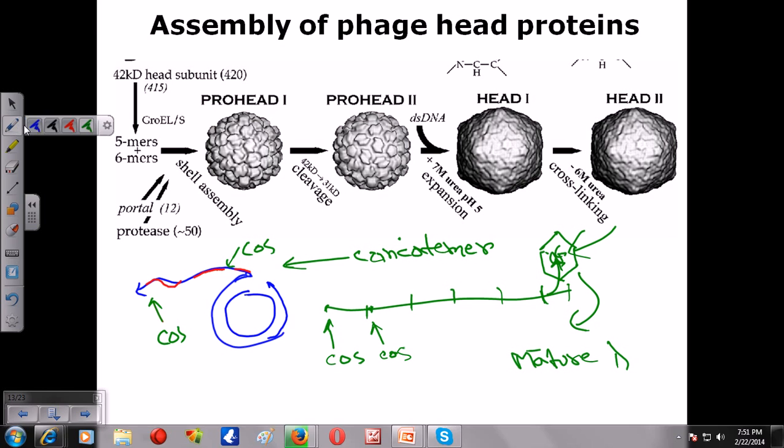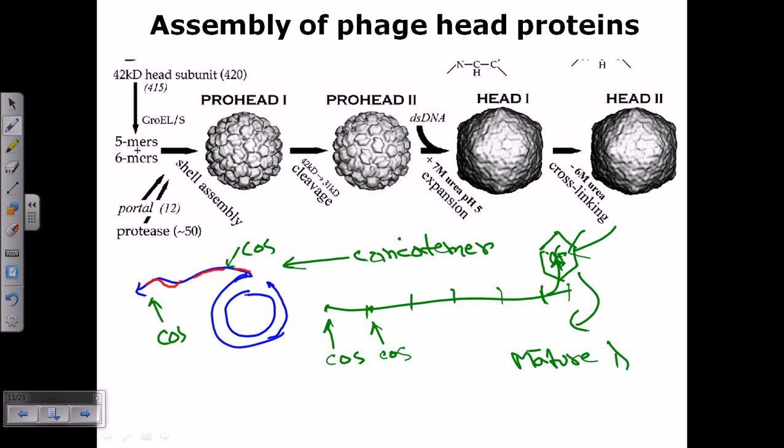So before the production of these head particles, we first have the 42 kD head subunit, and then using the common host cell GroEL and GroES system, these 42 kD head subunit proteins are arranged together to produce what is called a shell assembly, called prohead 1, which is a very crude form of the phage head. Now during this time they require many more proteins, and furthermore cleavage to finally generate prohead 2, which is a slightly modified version of prohead 1.